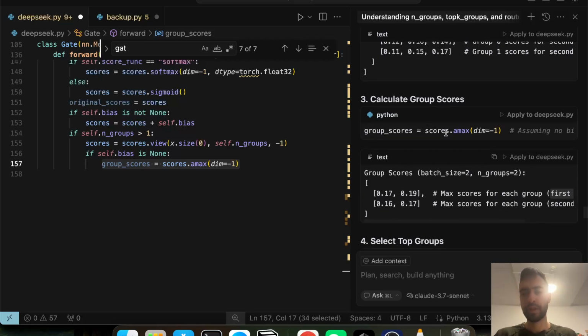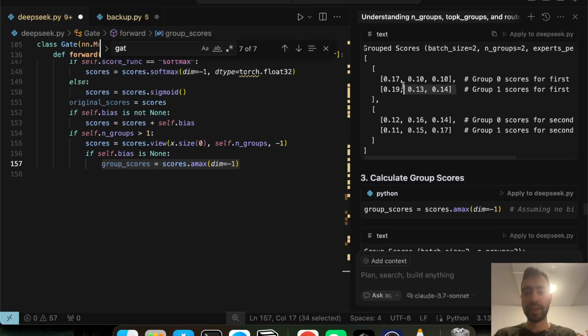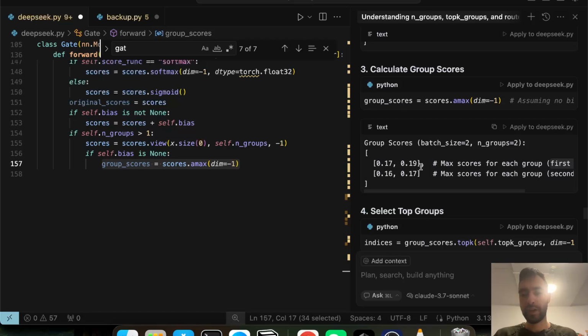So we take a look at the first input, which is this. And in this group, the maximum score is this. In this group, the maximum score is this. So now we see that for this token, for the first token, the second group has higher score. So maybe the second group of experts is more relevant and should be selected.